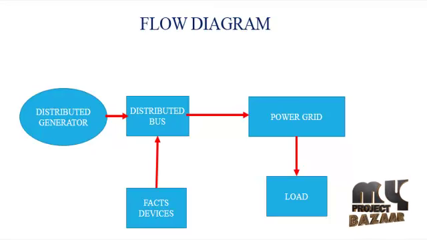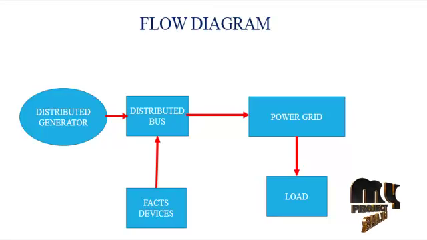In this flow diagram, the main source is a distributed generator. The distributed generator is fed to the power grid through a distributed bus. The distributed bus is controlled using FACTS devices. The power grid is then fed to a load. The load may be linear or non-linear, balanced or unbalanced.